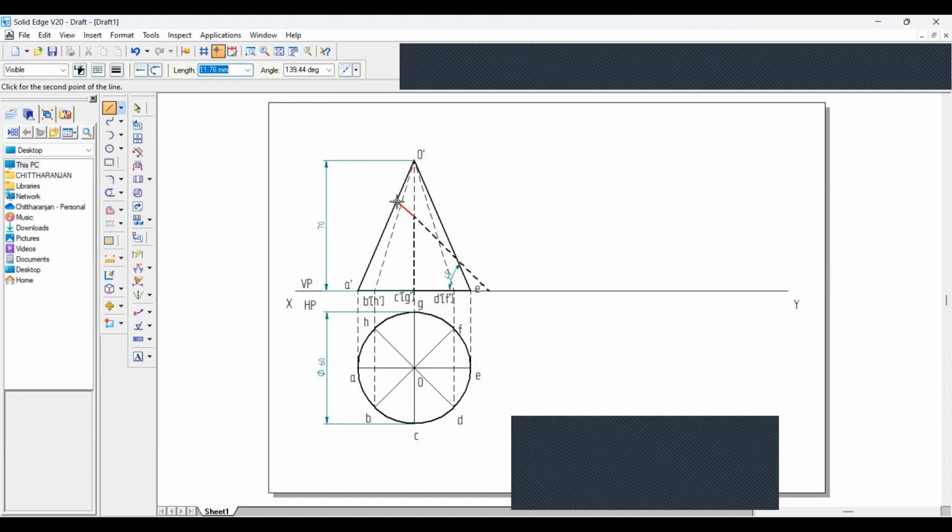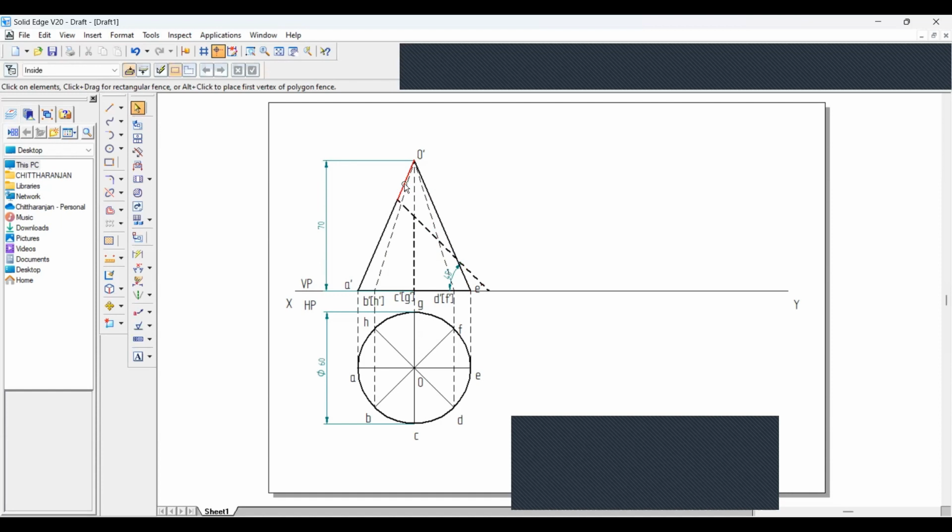Now draw the continuous line until this should be cut there. Right click. Now split the lines, this line at this point and this line at this point.